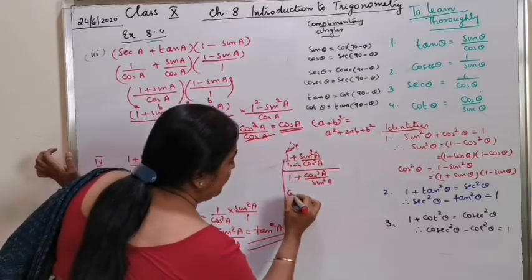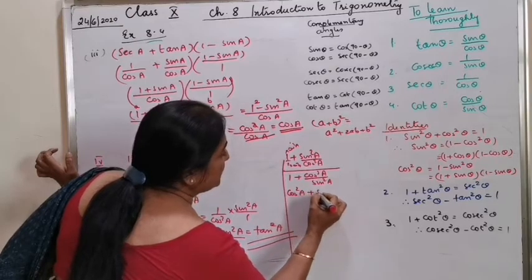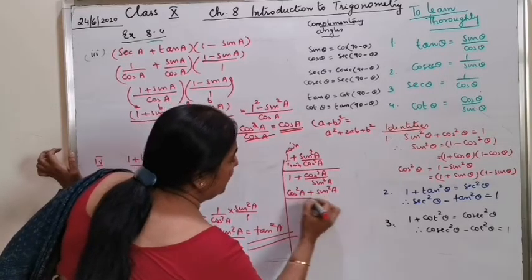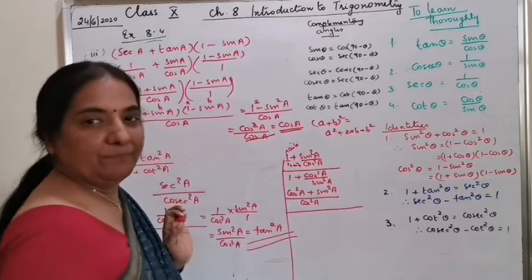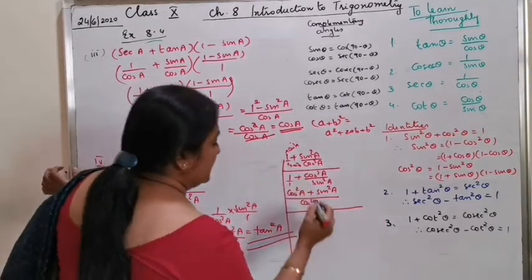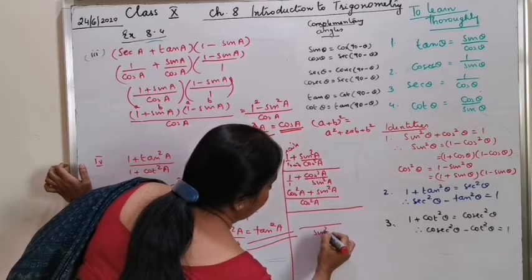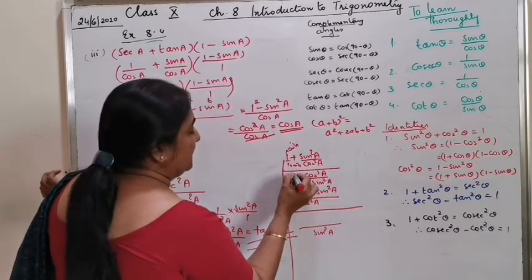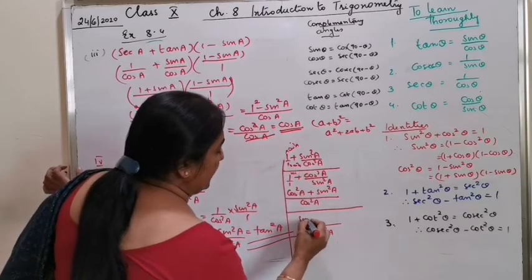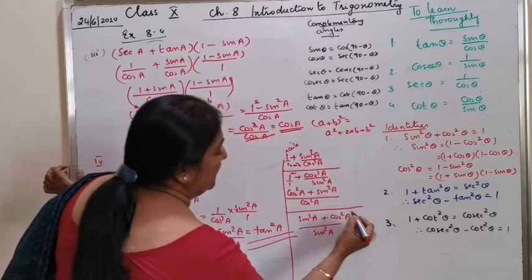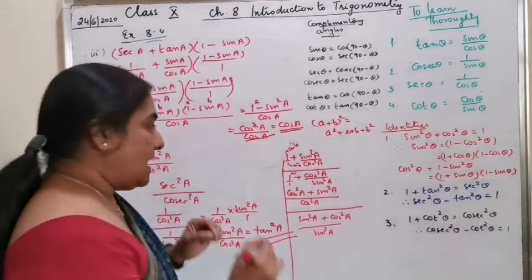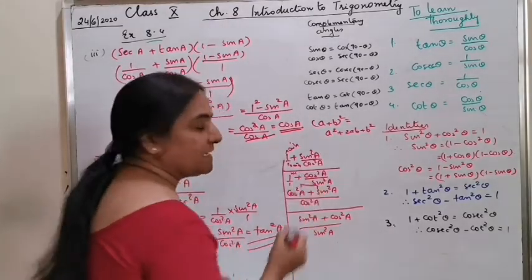Which is cos square A plus sin square A by cos square A, divided by the LCM, which is sin square A, so sin square A plus cos square A by sin square A. By the identity, what is cos square A plus sin square A?